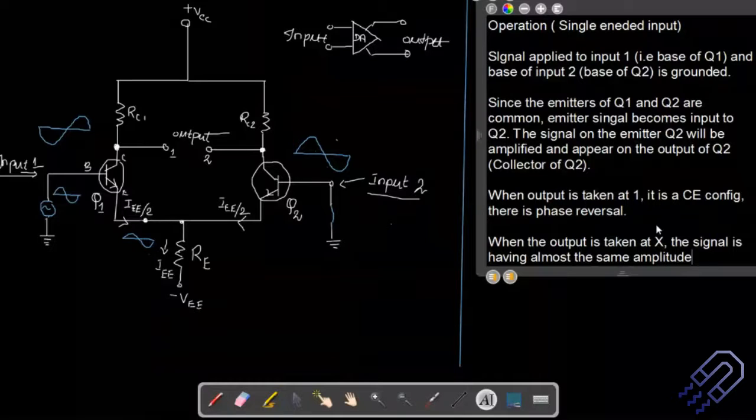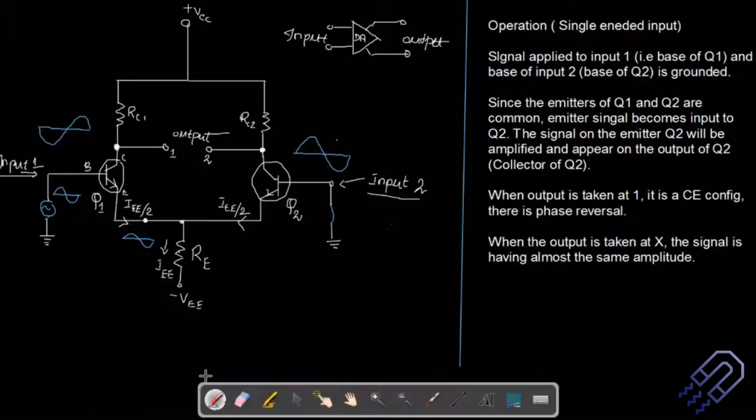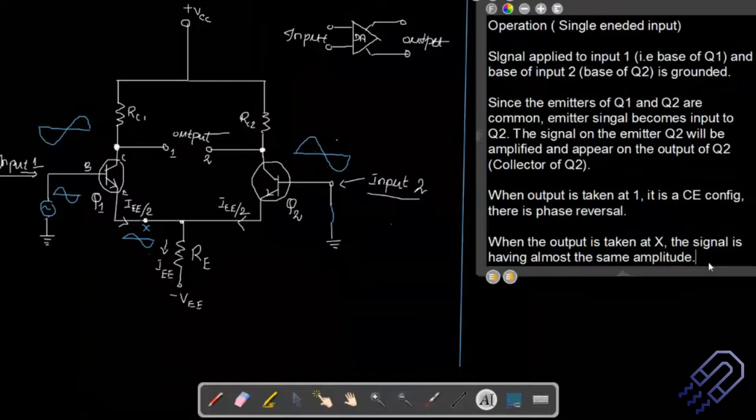By x I mean this particular point, so let me just mark this as x. It's almost the same, because there are some signal losses, so sometimes the amplification might be a bit lower, but the amplitude is almost the same, and it is not yet amplified.